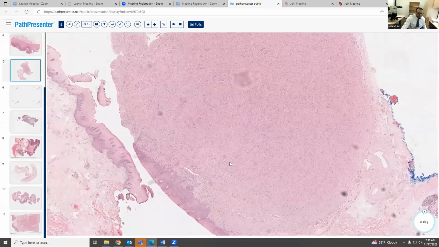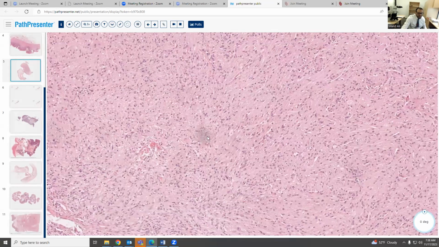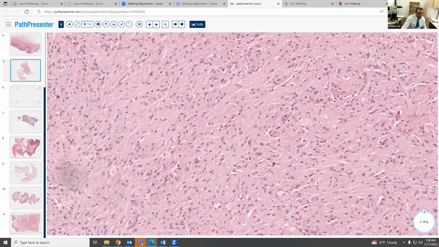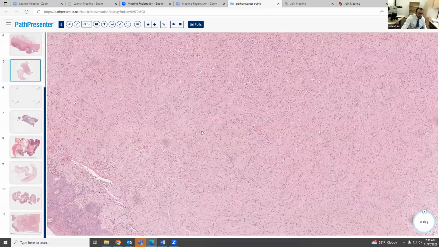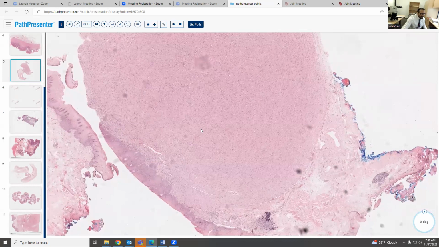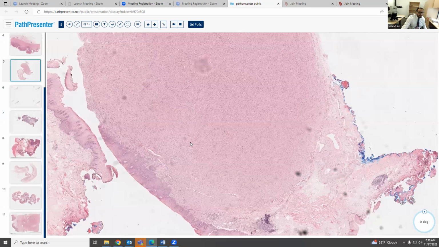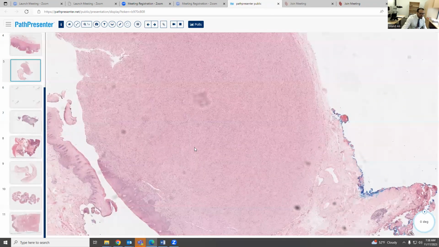Here we can see granular cytoplasm with pyknotic, round nuclei, and this is called granular cell tumor. It's common in the esophagus. However, the most common site for this tumor is the tongue. Usually it arises from Schwann cells, so it's positive for S100 and can also be positive for CD68.